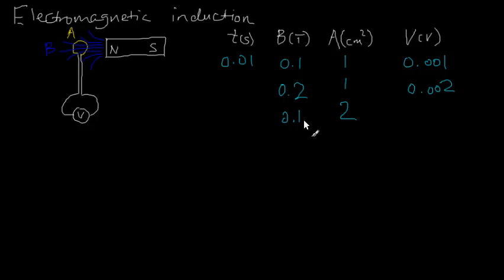So although the area is bigger, I would assume that the field over it is still roughly 0.1 Tesla. So with this new loop, I'm going to repeat my experiment.